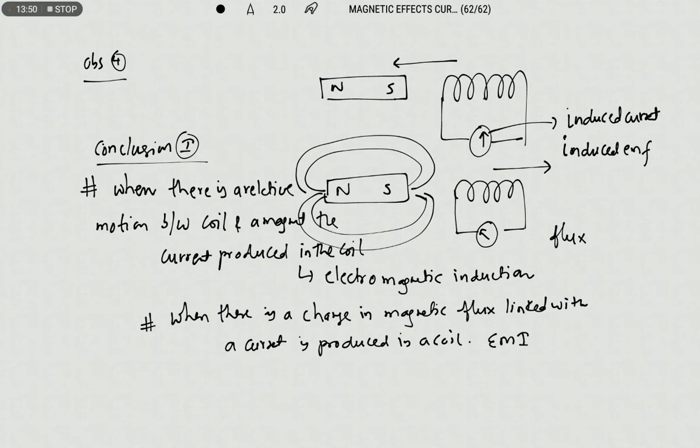Then what is the second conclusion? The second conclusion: the direction of deflection of the induced current is reversed if the relative motion of the magnet or coil is reversed.